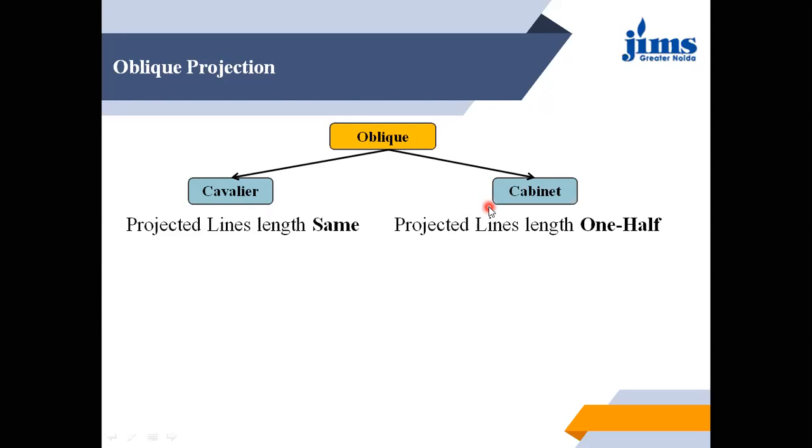But in case of Cabinet, we take half the size or half the length of the object, and after that we see how it looks in a 2D plane, or how it is going to be represented in case of Cabinet projection.